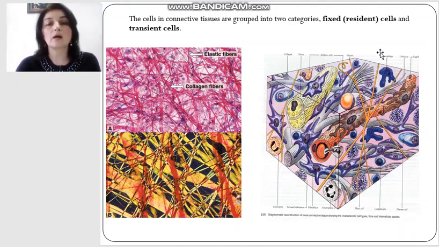Fixed cells develop and stay in place in connective tissue, and they perform their main functions here. They include fibroblasts, pay attention. Then we have adipose cells of two types, unilocular and multilocular.